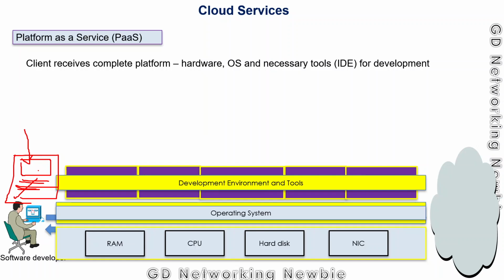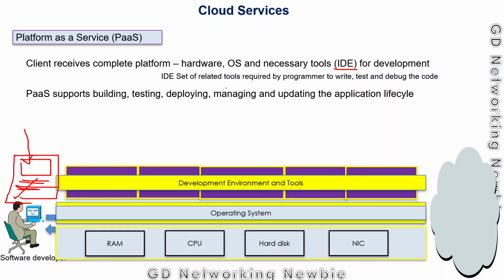For example, we are familiar with Java programming, where we need an IDE for development. That complete environment will be provided by the service provider. So in the IDE, we have the related tools required by the programmer to write, test, and debug the code.